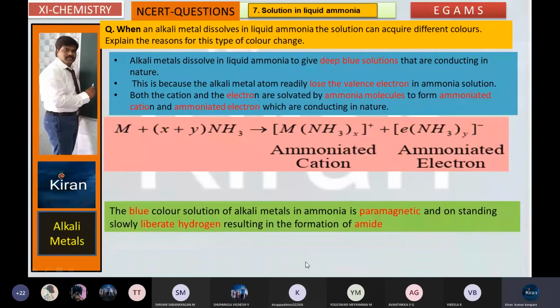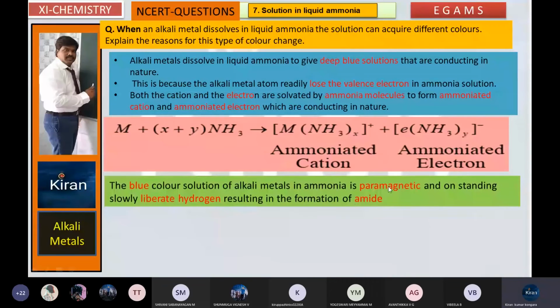The blue color solution of alkali metal in ammonia is paramagnetic and on standing slowly liberates hydrogen, resulting in the formation of amide. See here, this is the blue color solution. It is paramagnetic in nature, weakly attracted to a bar magnet.